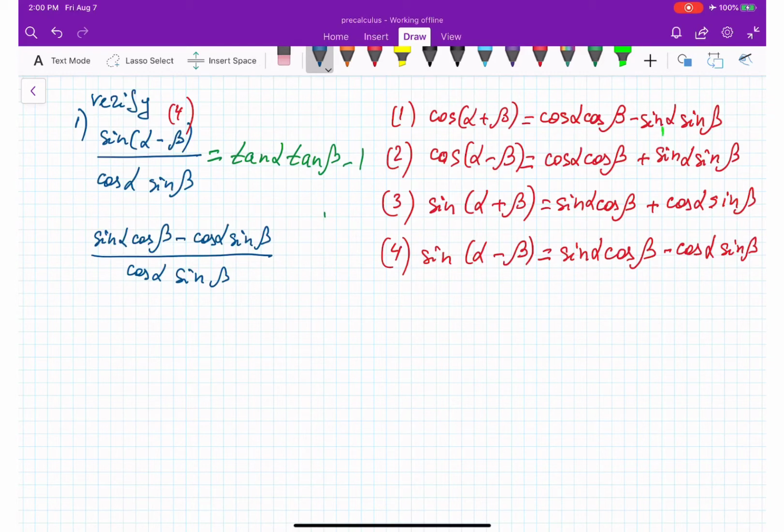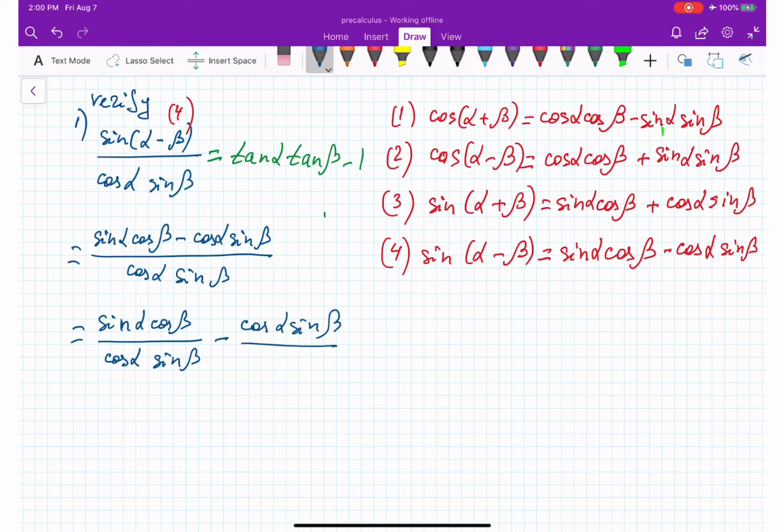Since we have a common denominator, cosine alpha sine beta, I'm going to divide every single term by cosine alpha sine beta, which is going to be sine alpha cosine beta over cosine alpha sine beta minus cosine alpha sine beta over cosine alpha sine beta.